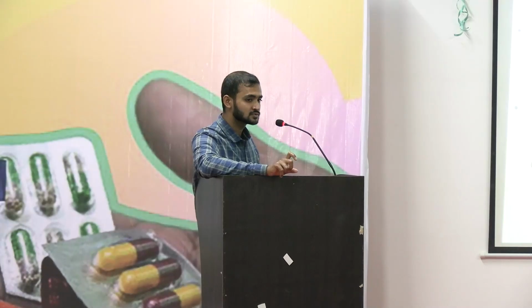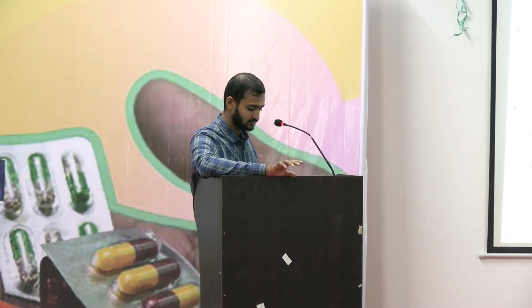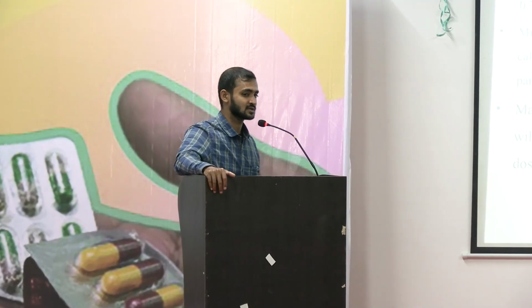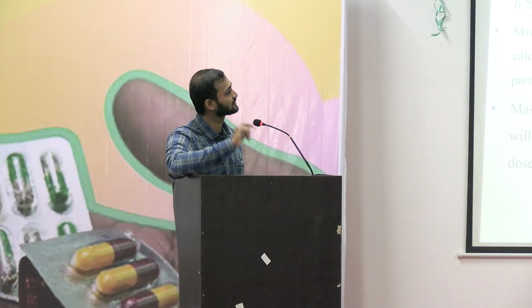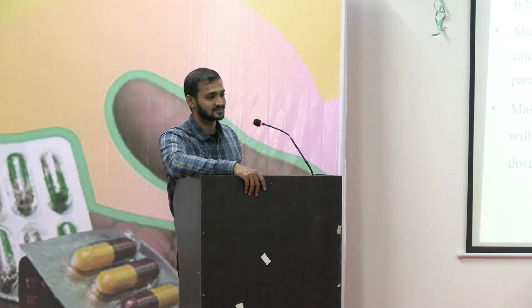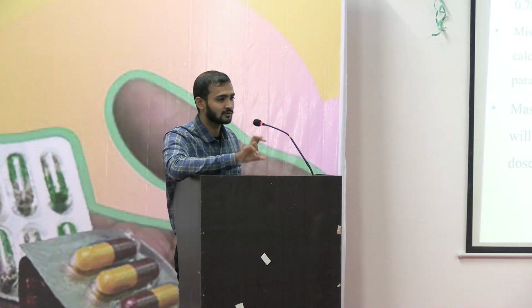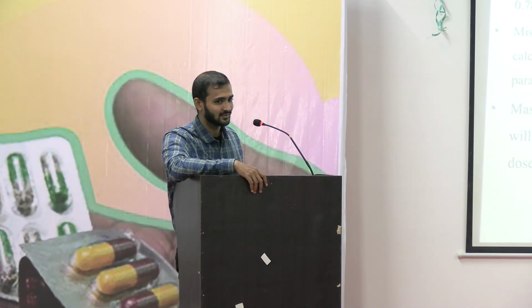Dose is equals to adult dose multiplied by weight by 70. Okay, so this is the formula. How will you find the adult dose here? This is the dose of the child. What is the adult dose? You are putting in the formula, isn't it? What is the adult dose here?